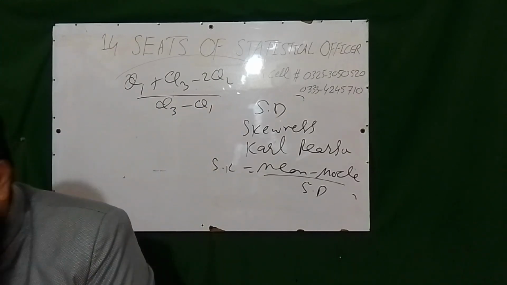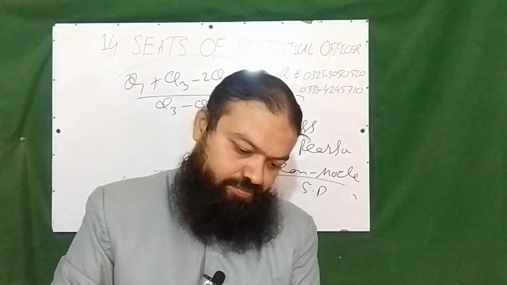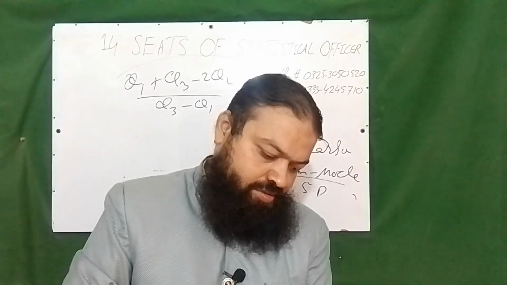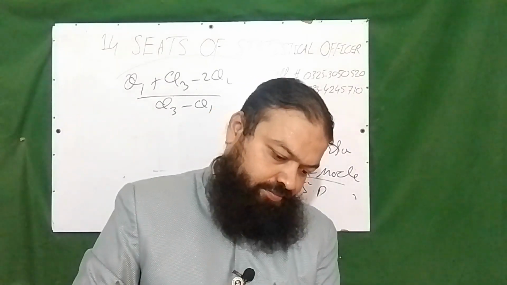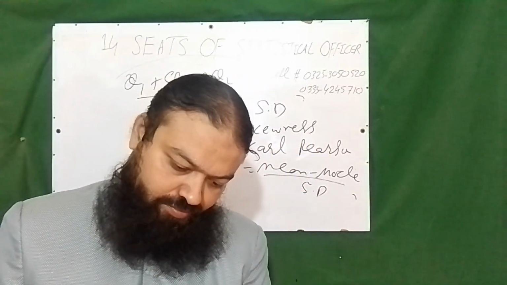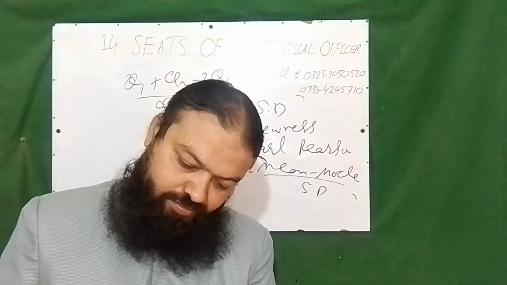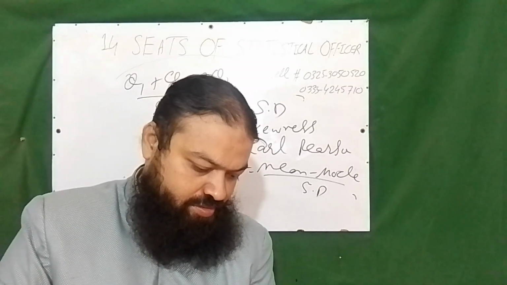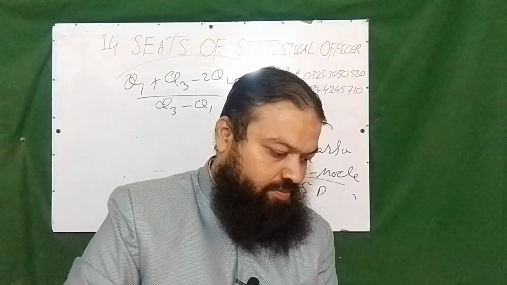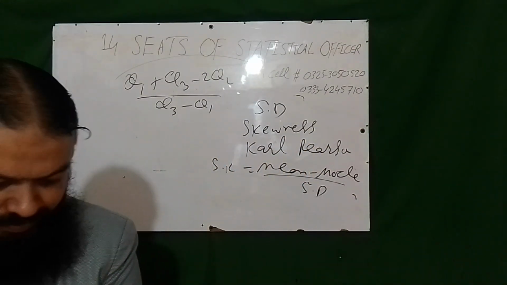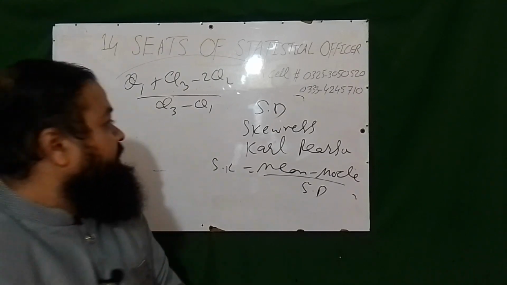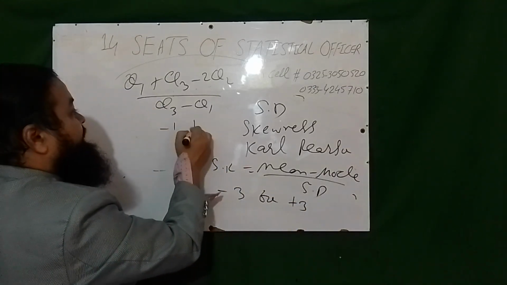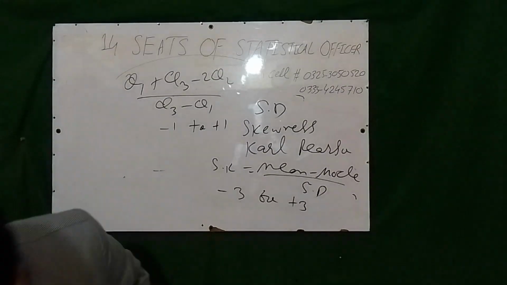And a very important concept I will give you: the range for Karl Pearson's coefficient of skewness is minus 3 to plus 3, and for Bowley that will be minus 1 to plus 1.